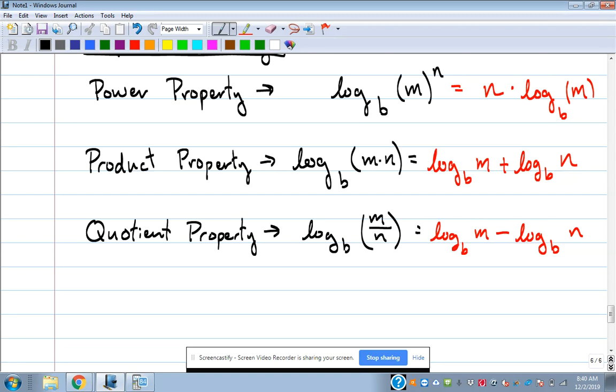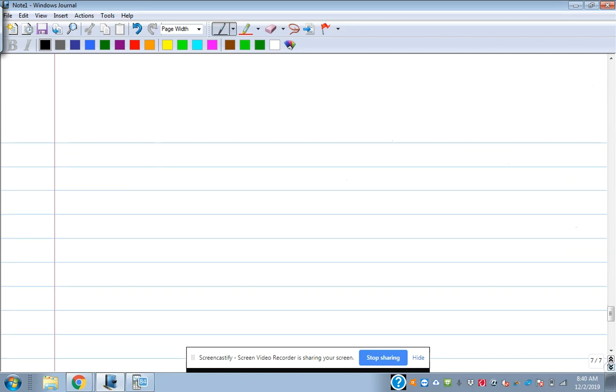And then we'll go the other direction. We'll take one that's expanded out and condense it into one. Okay. So the expanding really helps us learn the properties. The condensing or writing as a single log really is the skill that we're after at the end of this thing to help us solve equations. So let's look at doing a few of those things.